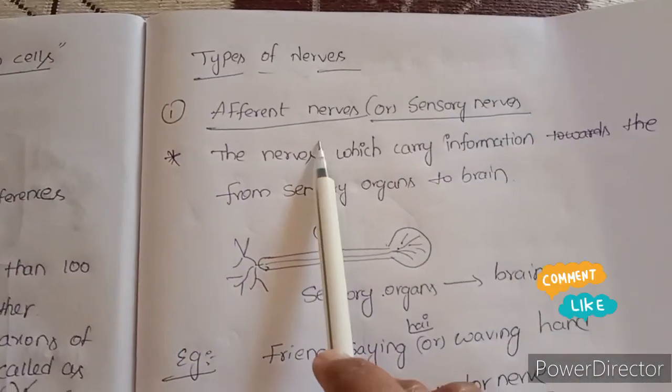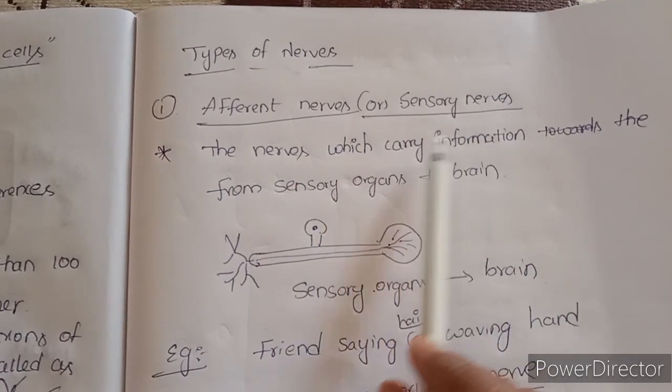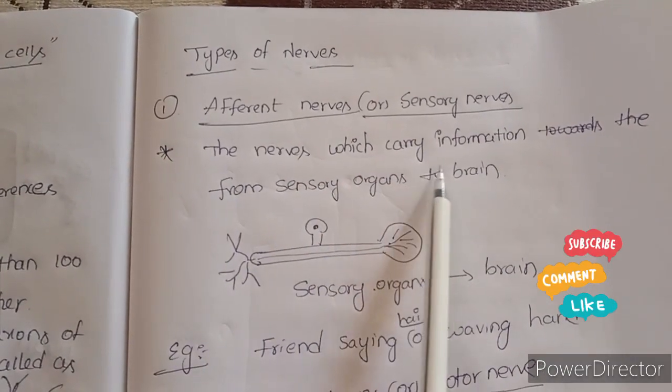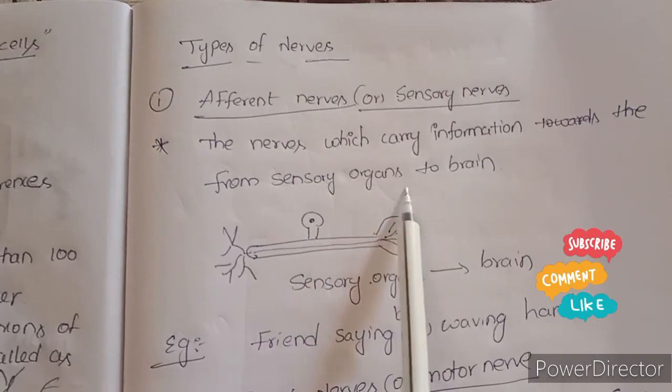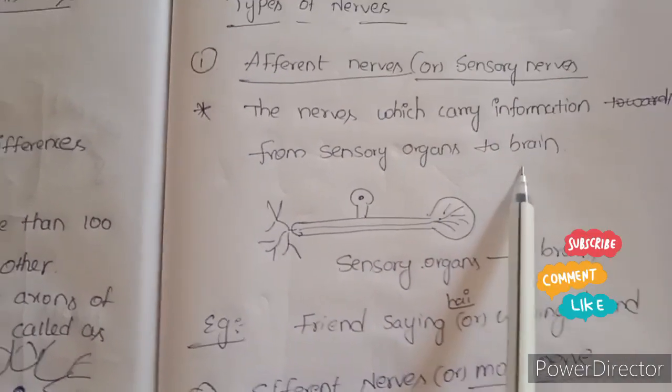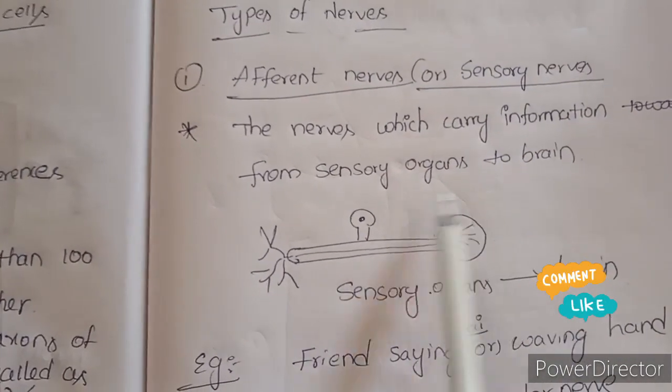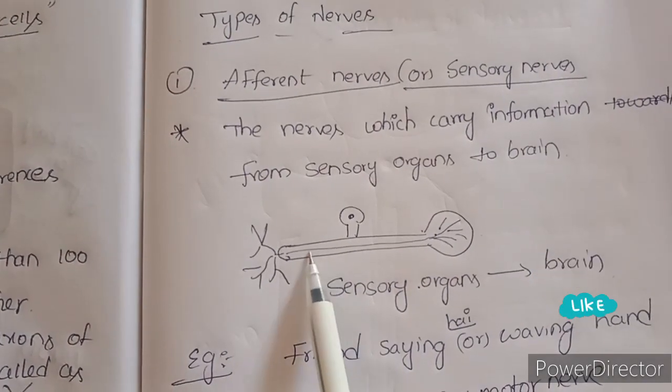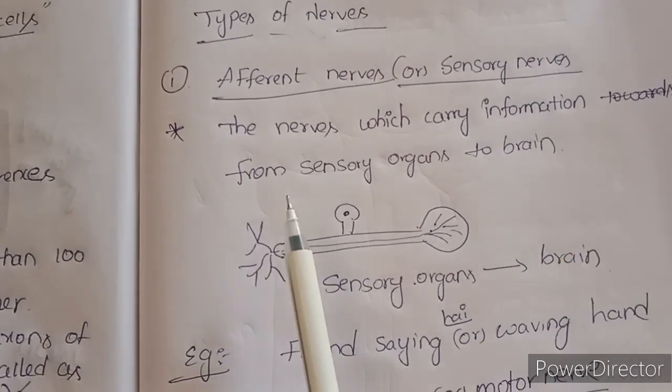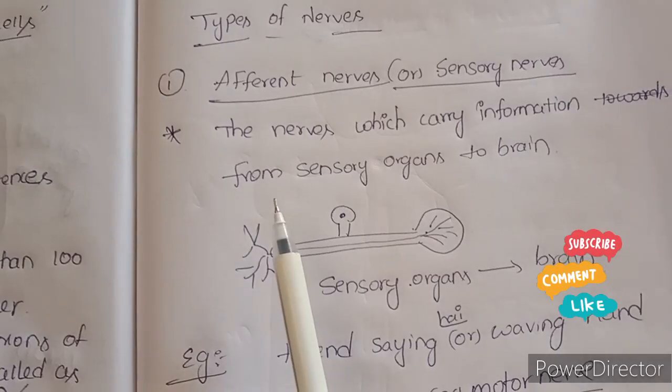Next topic is types of nerves. First one is afferent nerves or sensory nerves. These nerves carry information from sensory organs to the brain. What are the sensory organs? Eye, nose, ear.